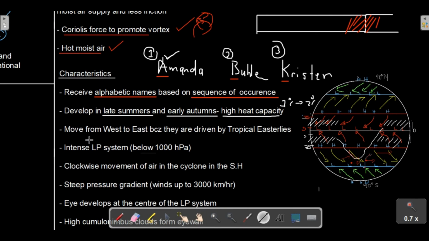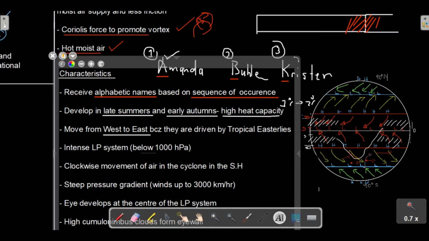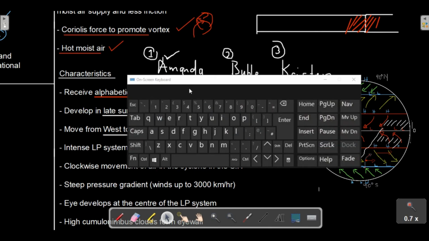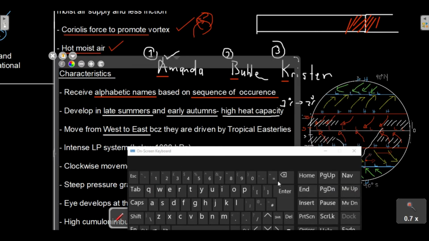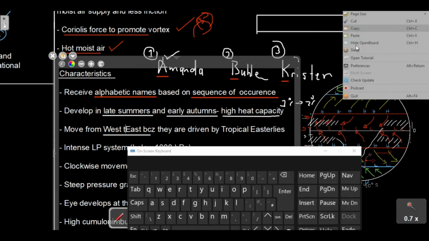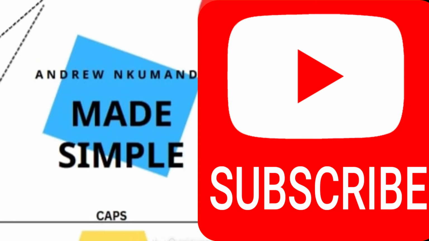The third characteristic is that tropical cyclones, unlike mid-latitude cyclones, move in the opposite direction. I said they move from west to east, and that mid-latitude cyclones move from east to west. This is a mistake.